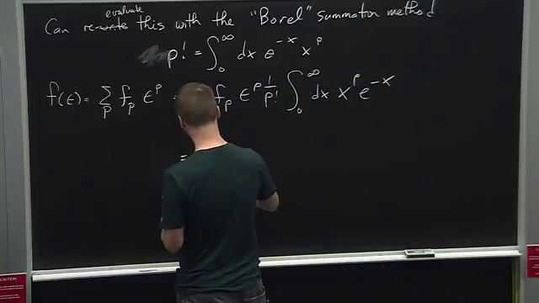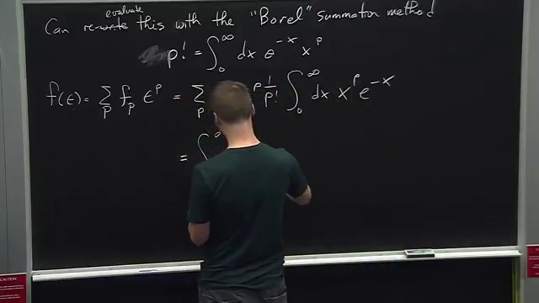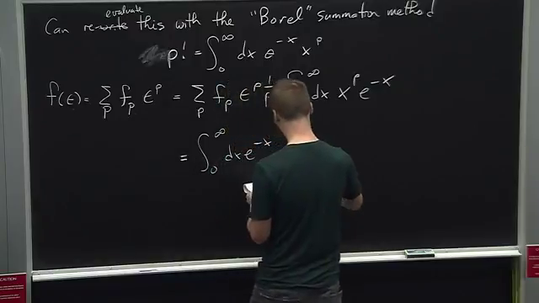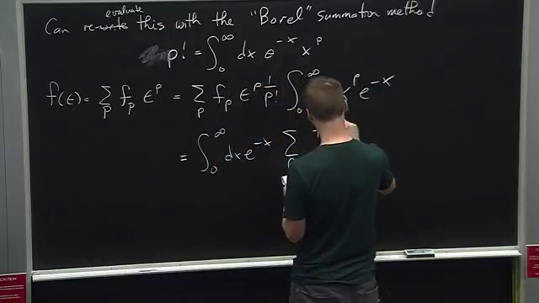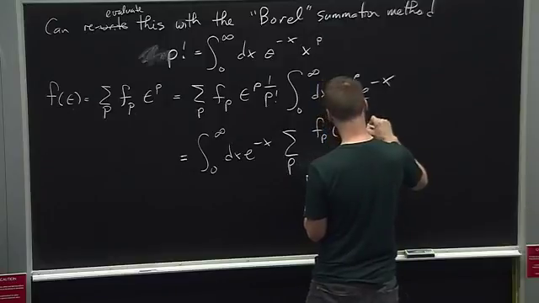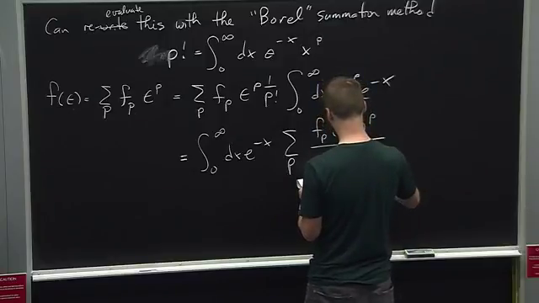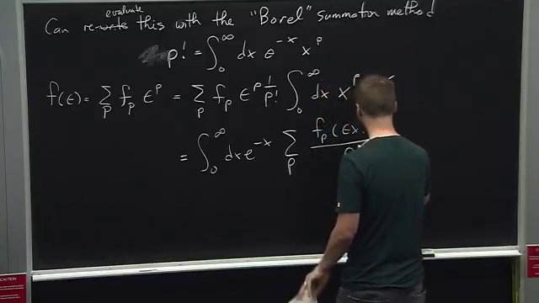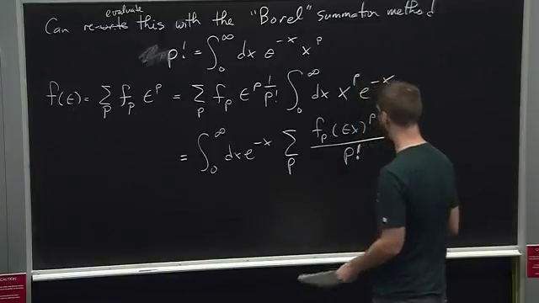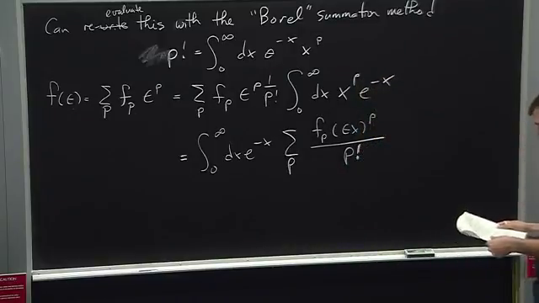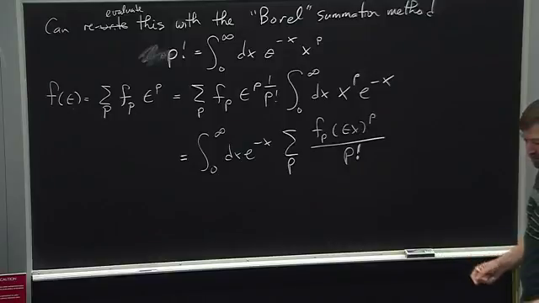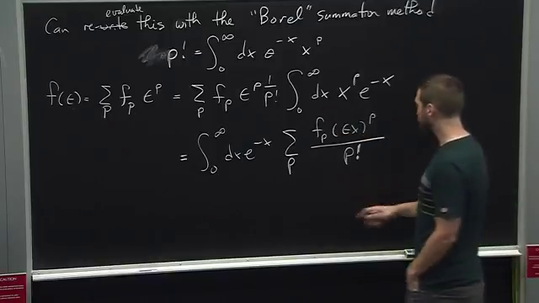So I can rewrite this as an integral over a sum, epsilon x to the p, over factorial. And this final sum here is convergent.